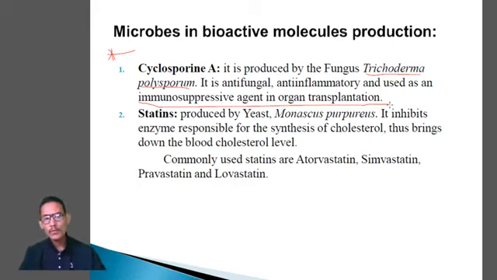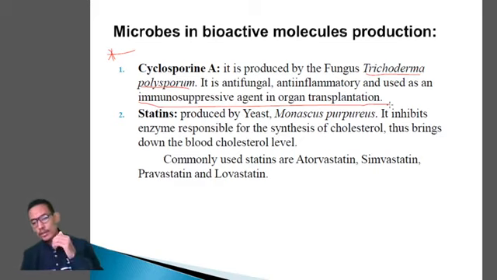Because our immune system can recognize foreign cells and the body's own cells. In organ transplantation, the receiver is receiving the organ from a donor, and that organ is foreign to the immune system. If the immune system recognizes that organ as foreign, it will work against it, and the organ transplantation will not be successful.